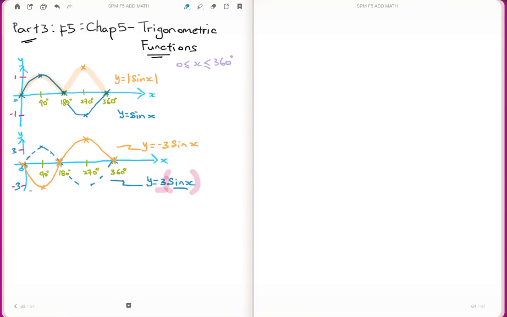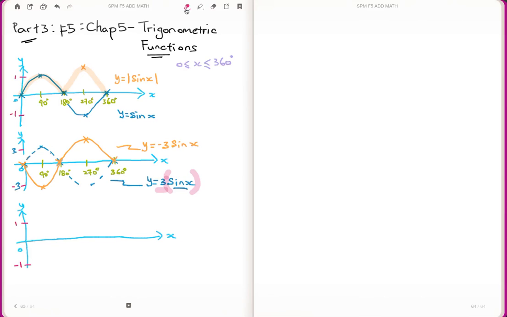Alright, let's proceed to the next one. Again, I could only fit in 3 curves here, but at home you should be able to squeeze them onto 1 sheet of paper. Here, positive 1 and negative 1 is always the case.